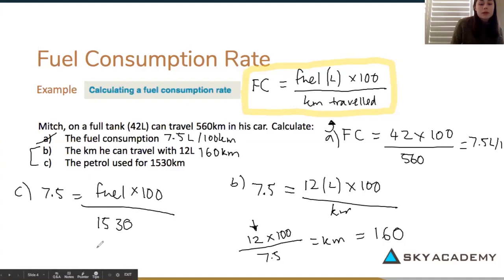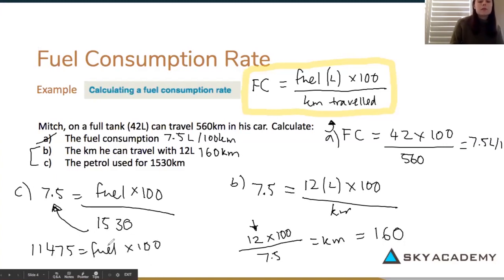So now we are going to try to get fuel by itself. So we're going to take this over here and times it. So 7.5 times 1,530 equals 11475 equals fuel times 100.